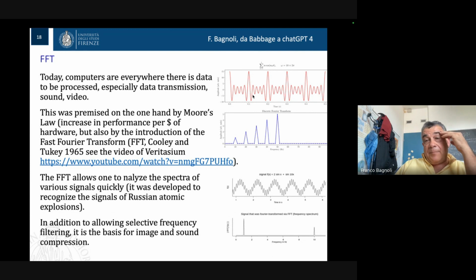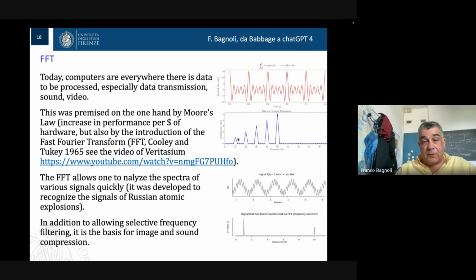This in principle requires essentially a change of basis, so it requires the multiplication by a full matrix, but this is extremely slow, while exploiting the characteristics of the data, instead of having something that grows like n squared, you can do this having something that grows like n log n.